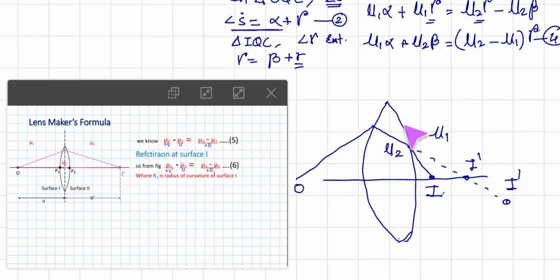If the second surface is absent, the image would be here, but now this ray is traveling in the medium of refractive index mu2. Now I dash becomes a virtual object for surface 2, and again bending of the ray takes place, and the image is formed at I, that you remember.